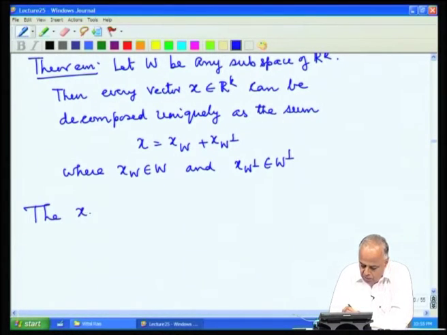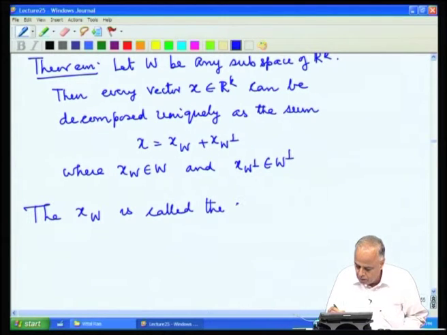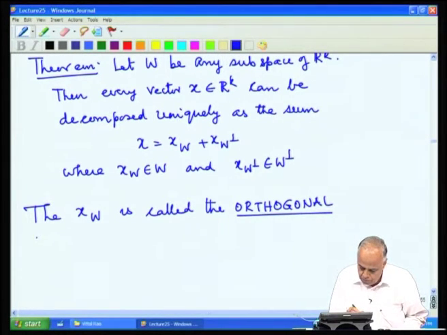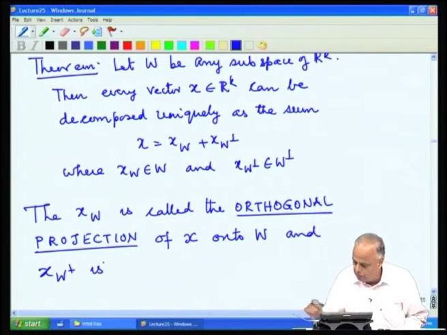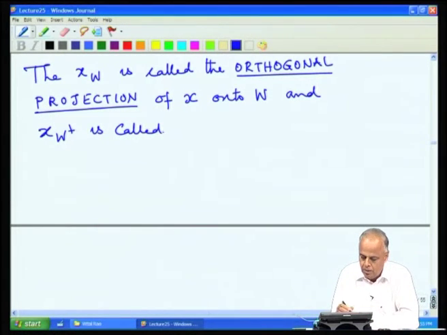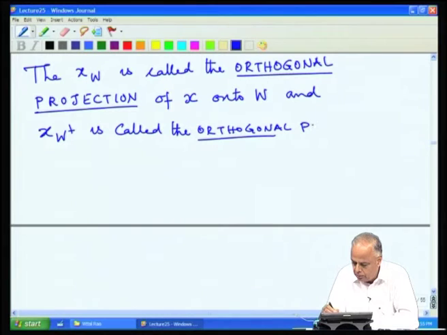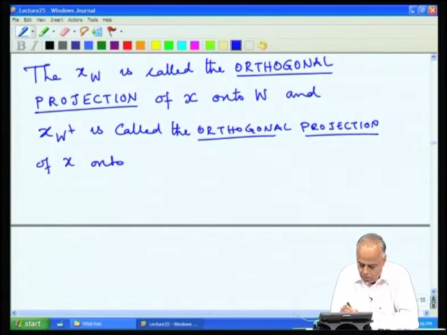The x_W, now I can say the x_W because the whole decomposition is unique, is called the orthogonal projection of x onto W, and x_W perp is called the orthogonal projection of x onto W perp.